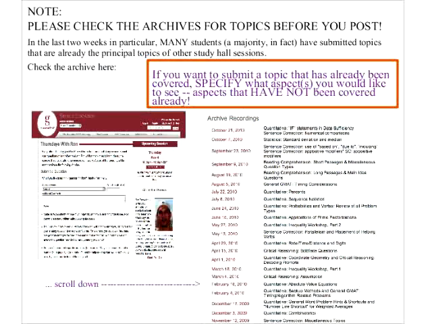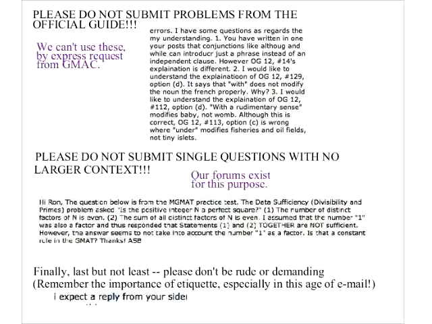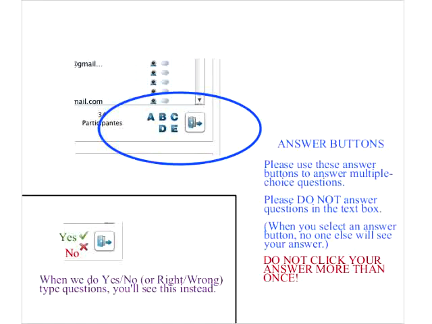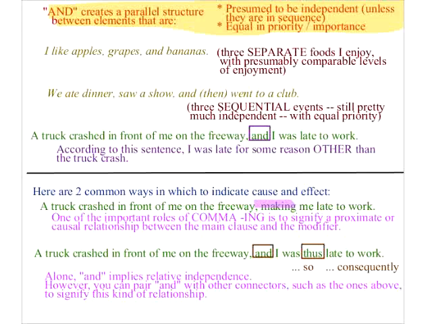If somebody wrote to you in an email, a truck crashed in front of me on the freeway and I was late to work. The meaning of the word and would imply that these were independent, but when you read the email, you would probably say, and by probably I mean definitely, clearly that's not what the person means.